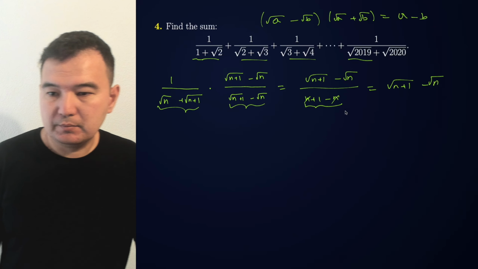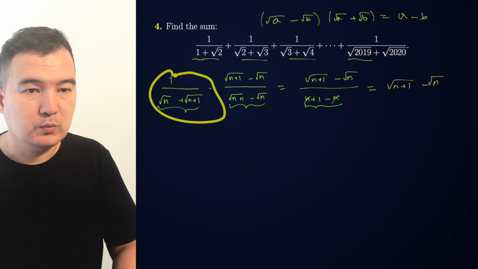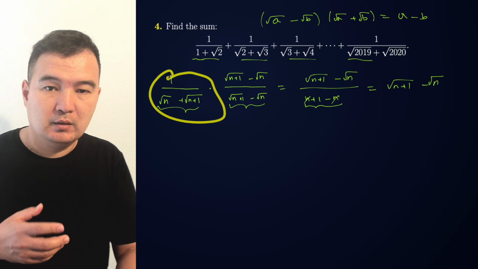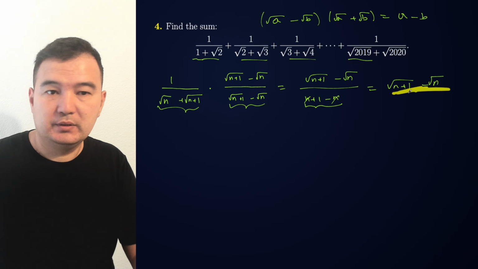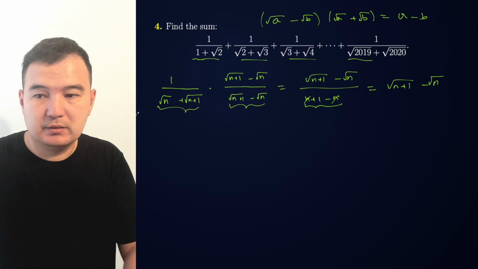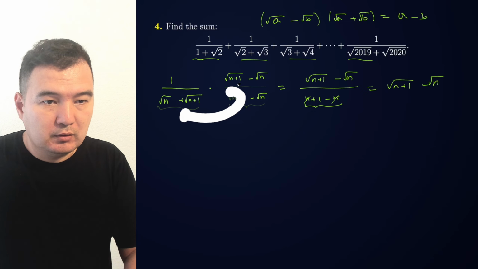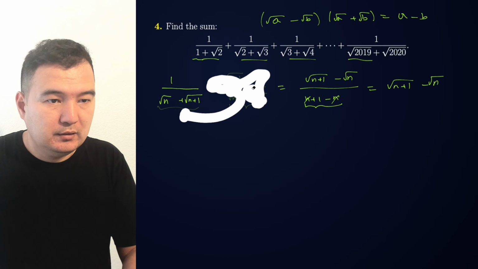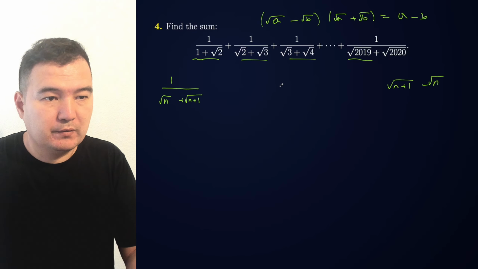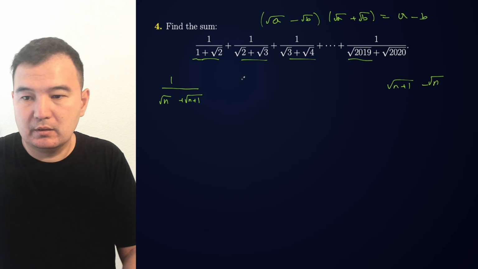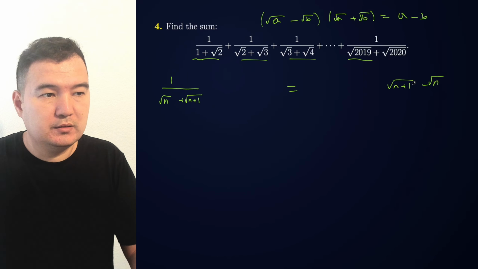So as you can see, my initial expression, when I get rid of radicals in the denominator, is equal to this one. So my formula is, if I remove all the calculations that I did, the following: this expression is equal to this one.